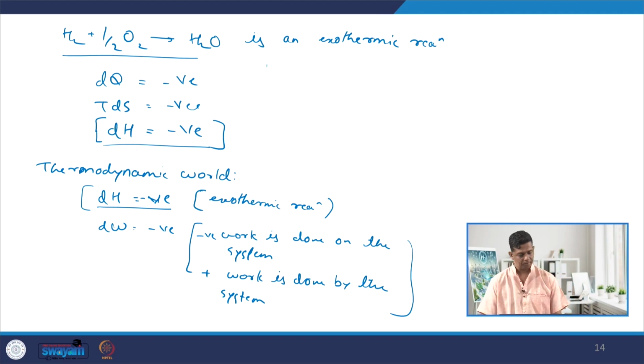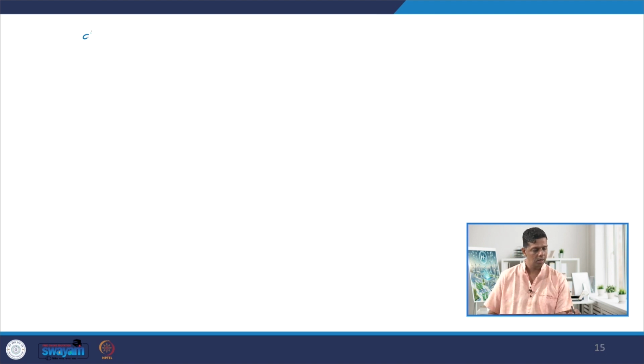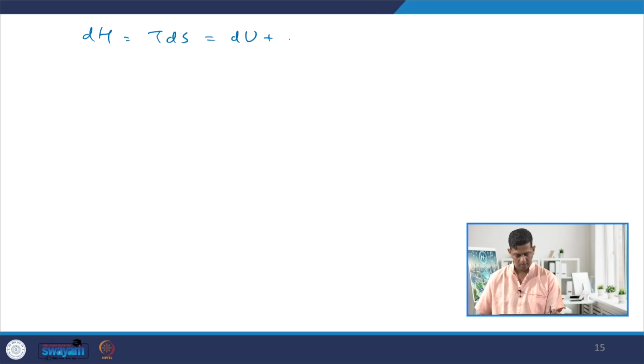So we can go ahead and we can write dH is equal to TdS is equal to dU plus dW. We can generalize this work. We exclusively do not say that this work is mechanical work or electrical work also.